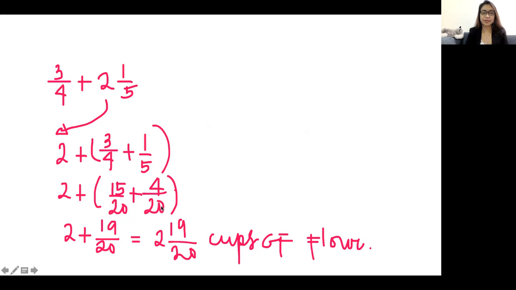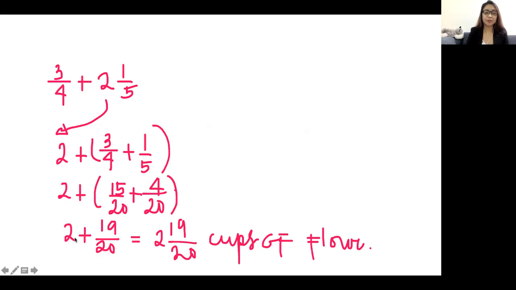Okay, and 20. All right, you divide this by 4, it becomes 5. Times 3, 15. 20 divided by 5, that's 4, times 1, that's 4 over 20. All right, you can add now this one, it's 15 plus 4, that is 19, 19 over 20.